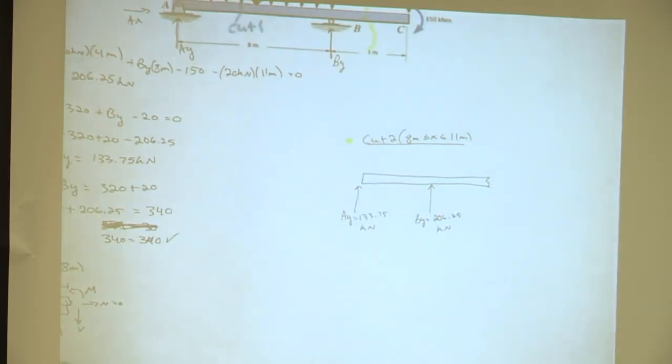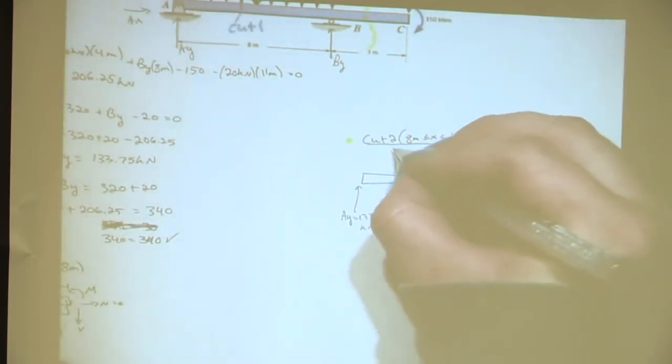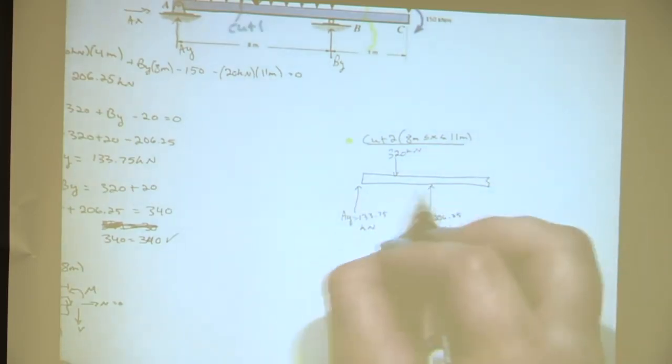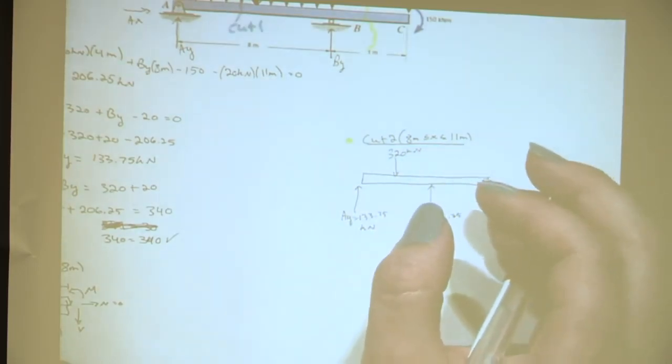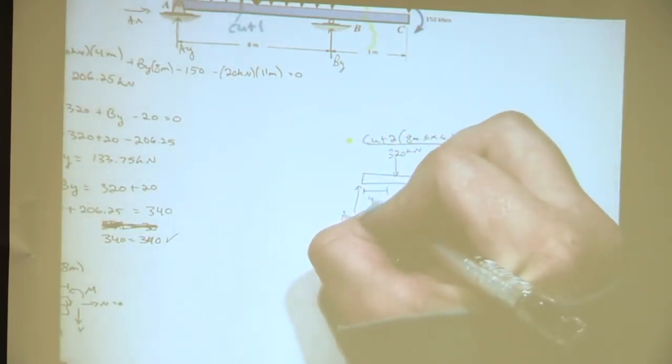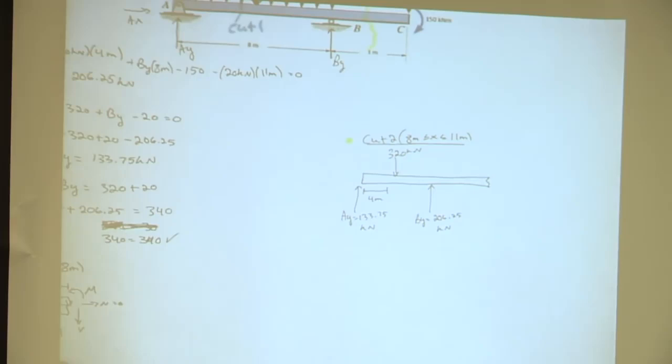Okay, what else? Awesome, so we need the 320. And what is the distance from here to here? Where's it located? Awesome, so this is 4 meters. Awesome. What else do we need to include?